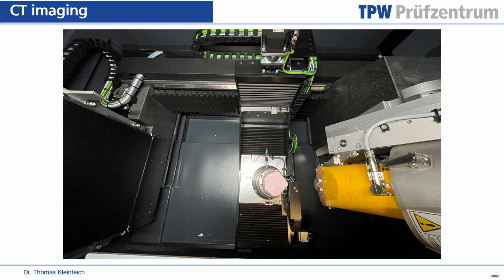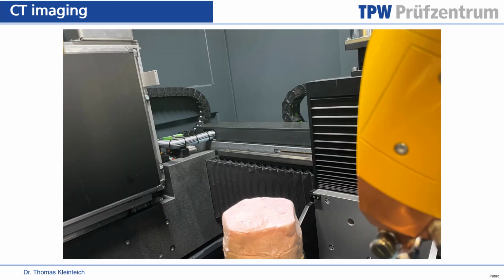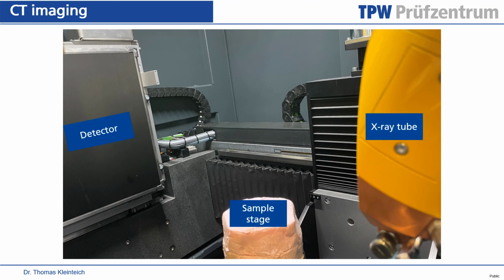It's lots of technique, and if you then turn around a little bit and look from the different angles, this is what you see. And what you see here in this picture are the three main components of the CT system. So there's the X-ray tube to the right, there's the sample stage in the center, and here on the left is the detector that captures the X-ray image.